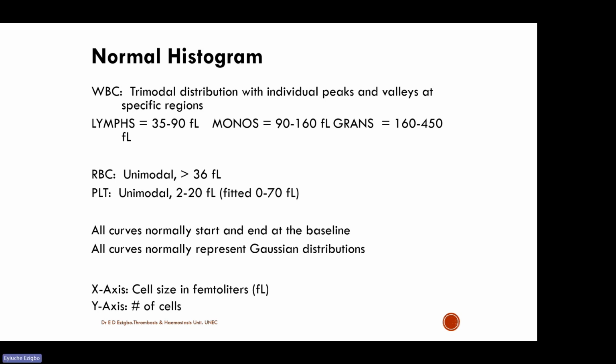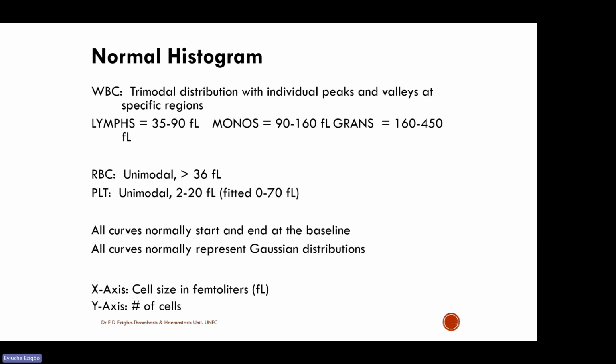So the normal histogram: each of the cell populations has its histogram in the output from the automated hematology analyzer. For the WBC, the normal histogram is described as a trimodal distribution with individual peaks and valleys at specific regions. Trimodal: lymphocytes, monocytes, granulocytes.